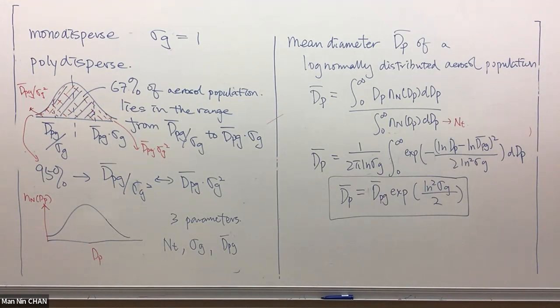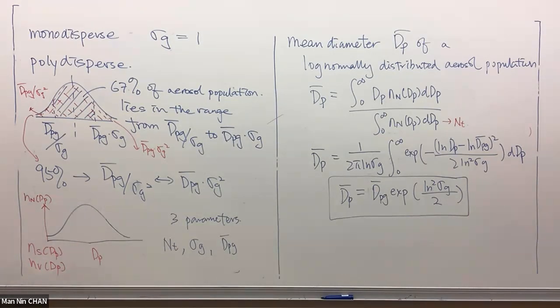Of course, if you also plot your data in terms of surface area or volume, most of the time you will find that the aerosol volume population or aerosol surface area population will also be log normally distributed.